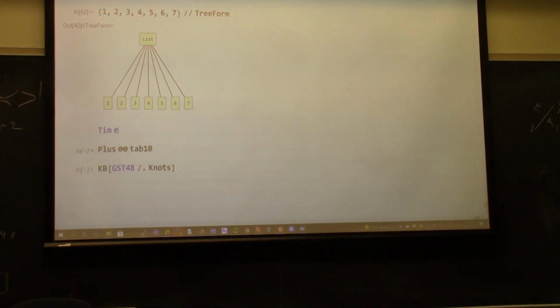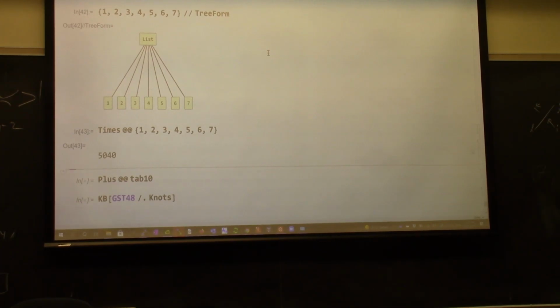So, double at sign means replace the head. So take this and replace the head, which was List, with Times, and the result is again 7 factorial.